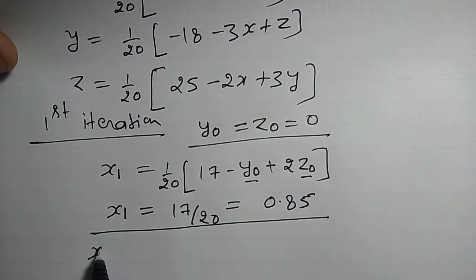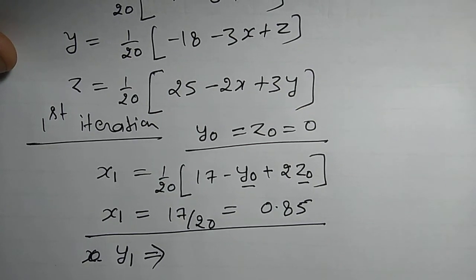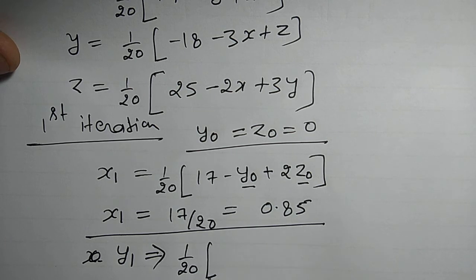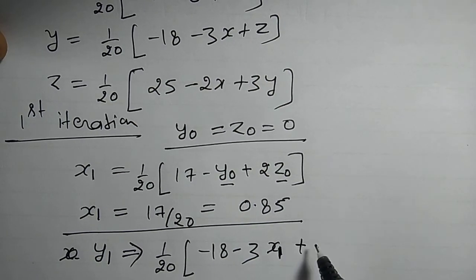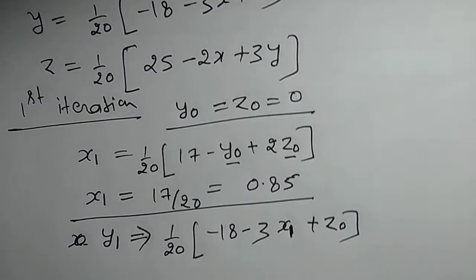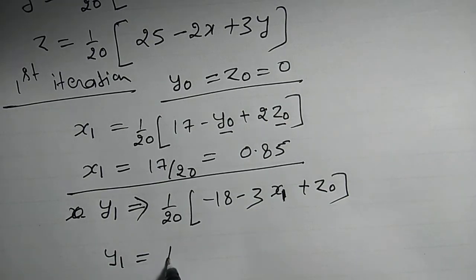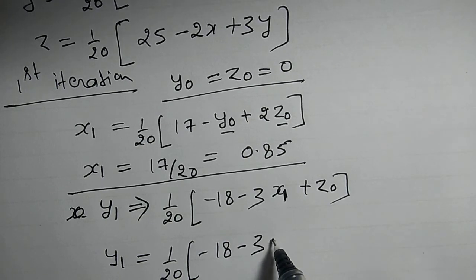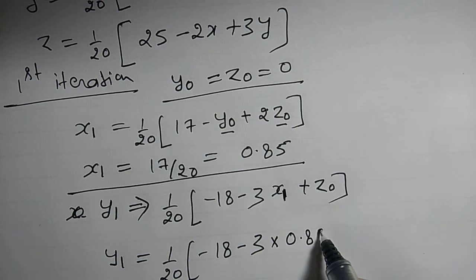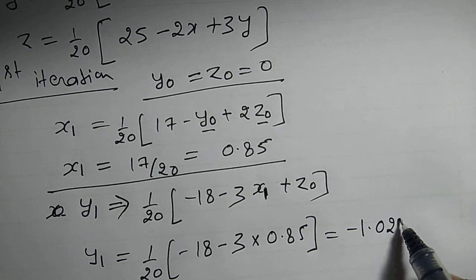Now for y1, the value of y for the first iteration, we have 1/20 times (minus 18 minus 3 times x1 plus z0). We use x1, not x0, and z0 is 0, so y1 equals 1/20 times (minus 18 minus 3 times x1). Since x1 is 0.85, if you simplify we get minus 1.0275.